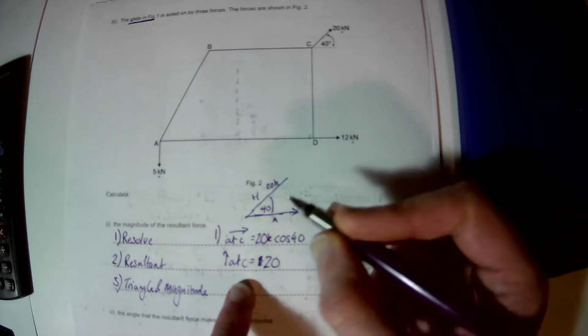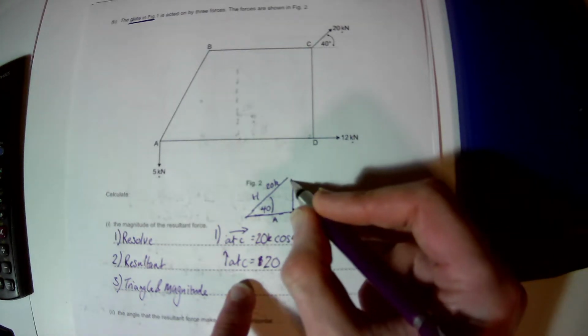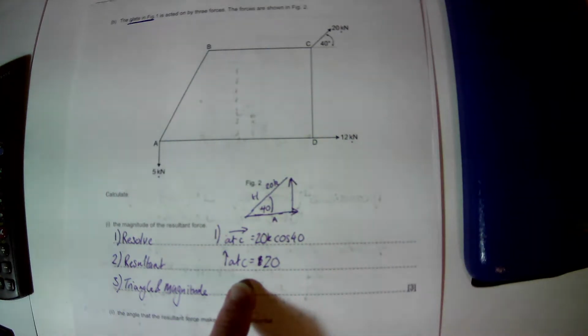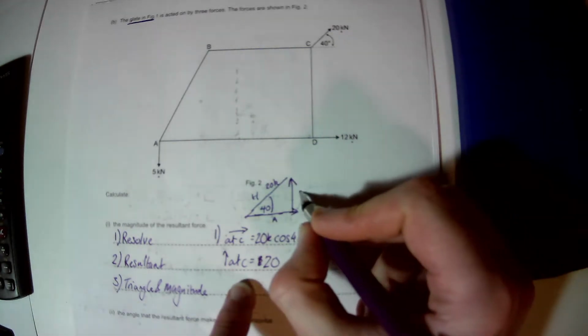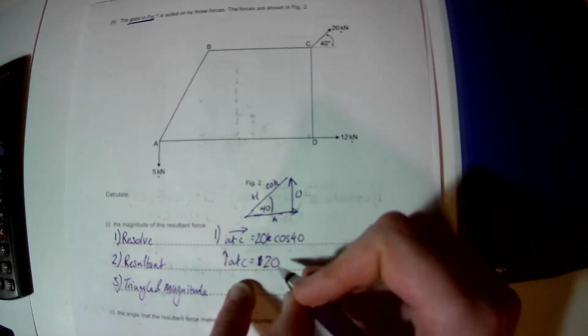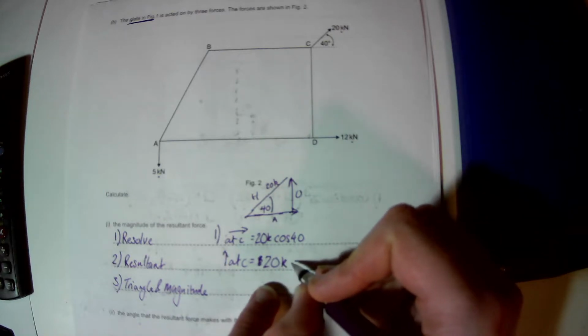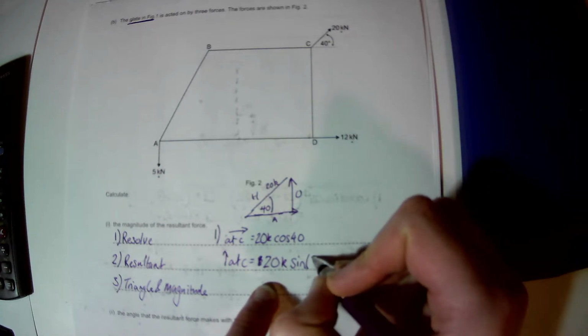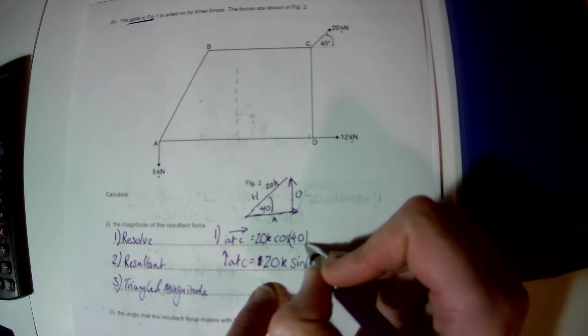Our y, upward component at C is involving the opposite, so we're going to do 20k, size of force, times sine of our angle, sine of 40. We put those both in the calculator to find what they are.